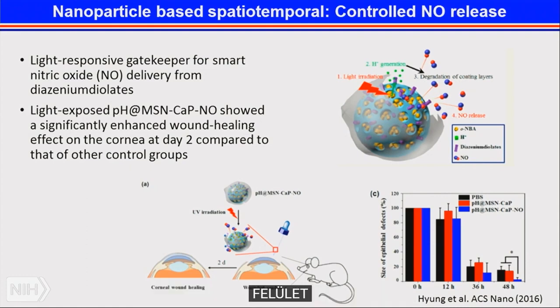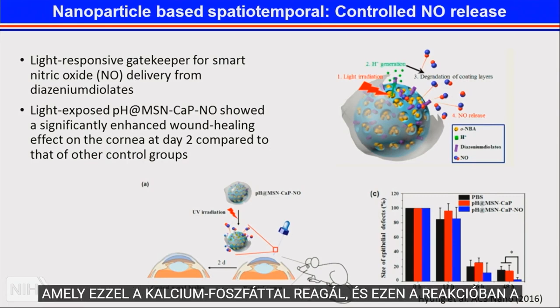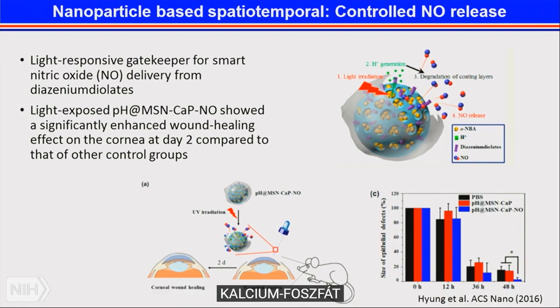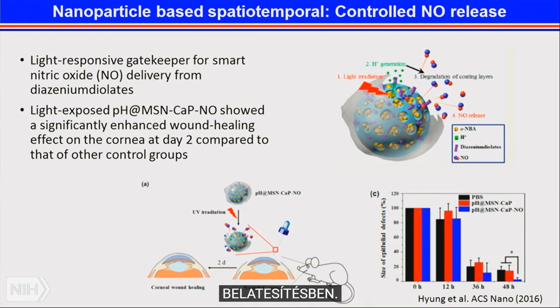So on shining light, this activates production of protons, which react with this calcium phosphate, and on this reaction, calcium phosphate will form calcium hydroxide, which would dissolve in the presence of water in physiological conditions, and diazeniumdiolate will be released. So then the diazeniumdiolate decomposes to form nitric oxide.